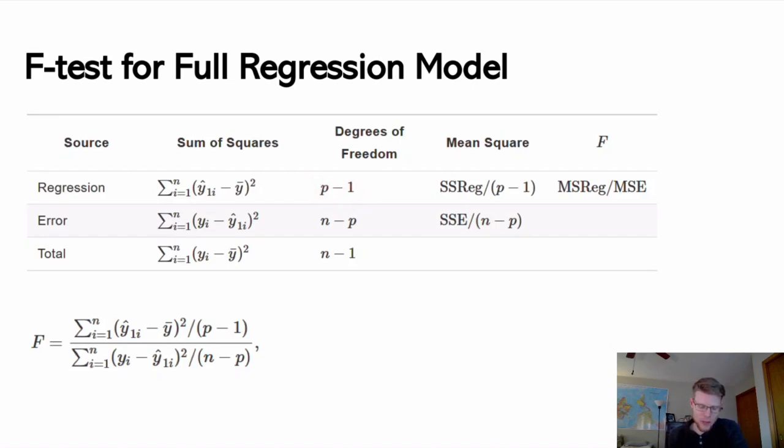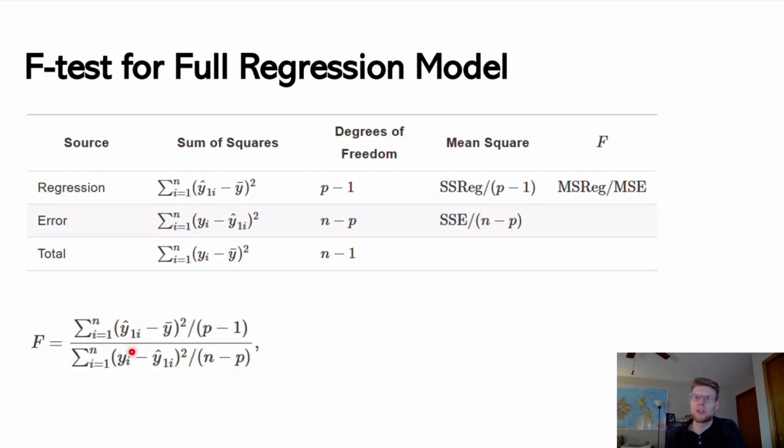The error is going to be the difference between my total number of observations minus those parameters, and the total is just going to be approximately the number of observations in the data to begin with. So by doing that, what I'm doing is seeing how much variability is explained per parameter in comparison to how much variability is explained per observation. And I'm comparing that ratio over here as my F-test.